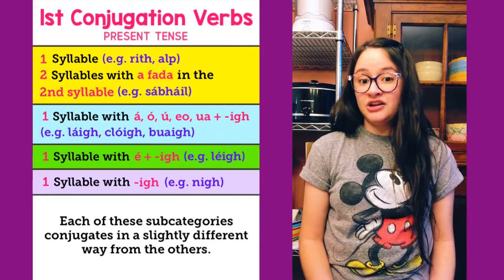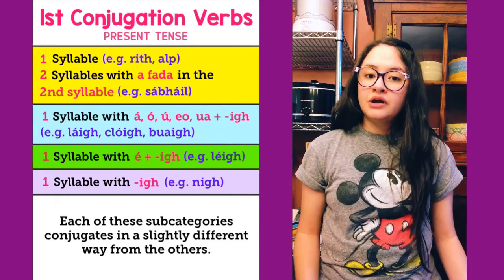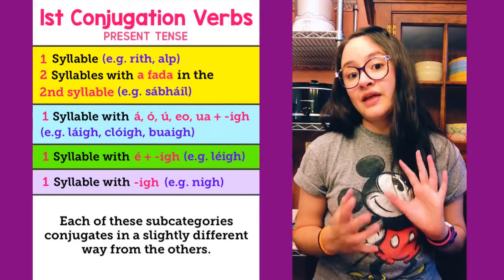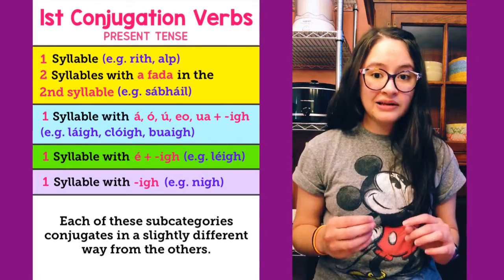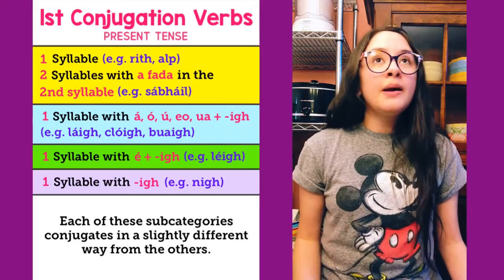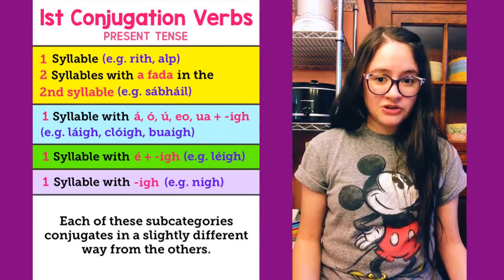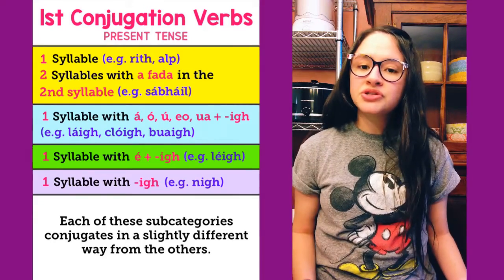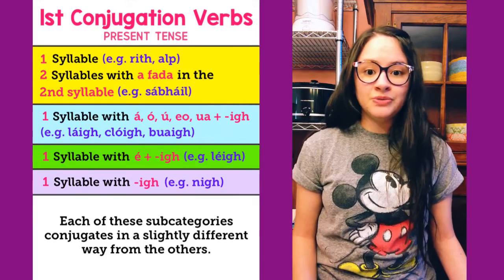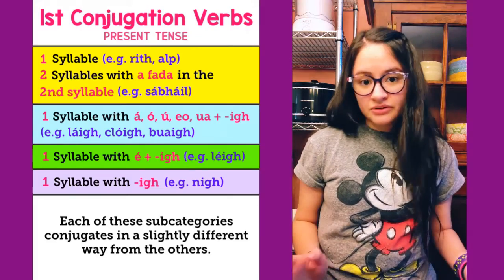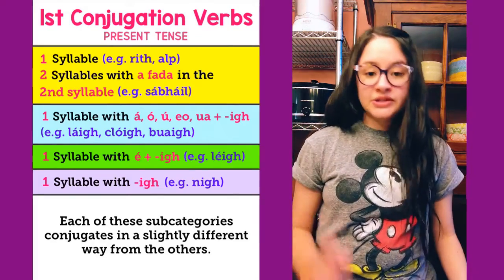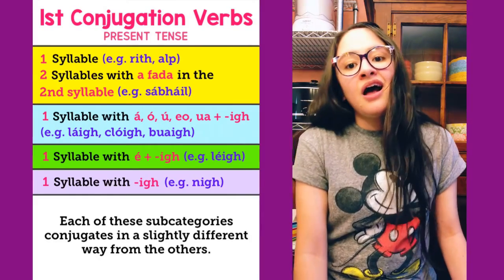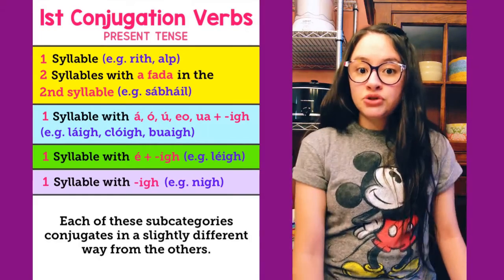In the first conjugation verb group, there are some subgroups, and each of those forms their present tense in a slightly different way, using a slightly different pattern, but they're all pretty similar. The first subgroup of first conjugation verbs includes basic run-of-the-mill one-syllable verbs, such as re, which means to run, and alp, which means to devour.